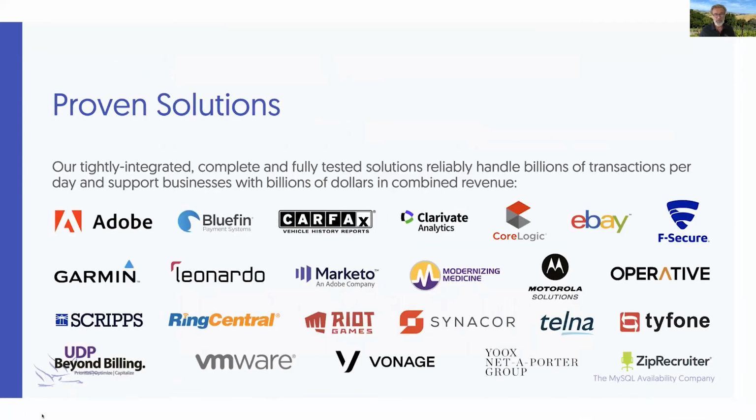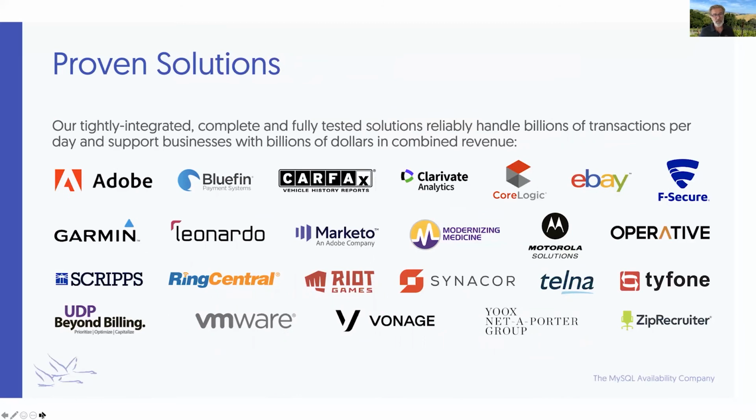A few examples of existing customers: Adobe Sign. You may have used their e-signature service platform, fully running on Tungsten clusters. Marketo, another Adobe company. They have been with us over 10 years and recently got acquired by Adobe for almost $5 billion.